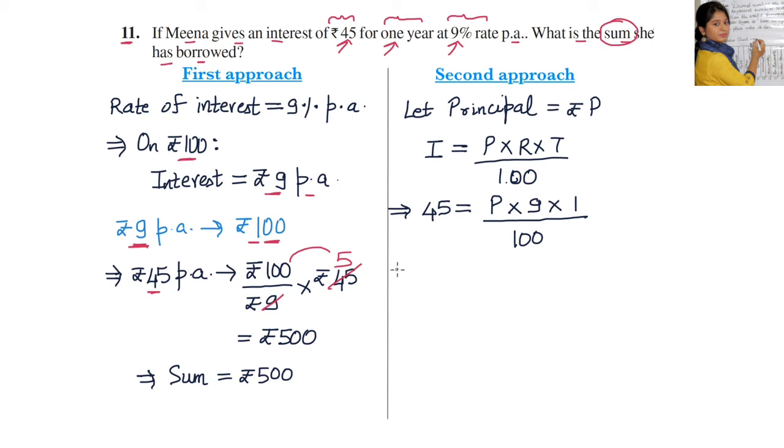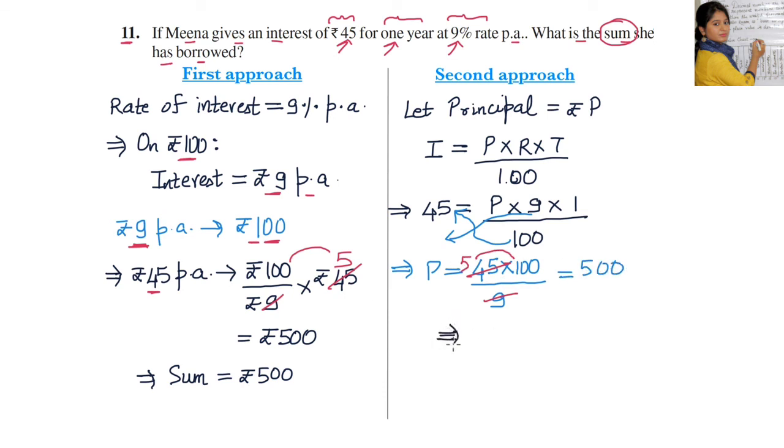So we transpose 100 to the left side, or we can directly write P is equal to 45 into 100, and 9 goes to this side using cross multiplication, so 45 into 100 upon 9 gives the result of P. 5 into 9 is 45, and 5 into 100 gives the final principal amount as rupees 500.